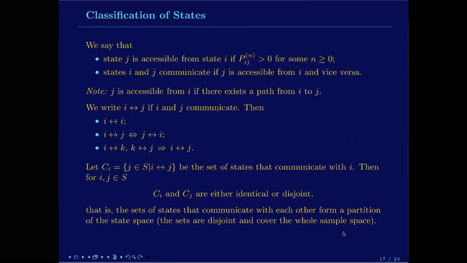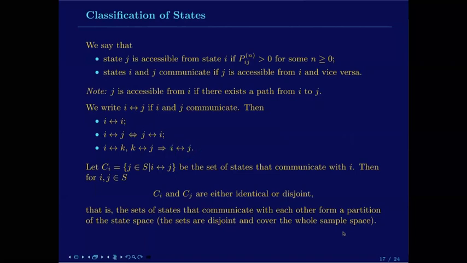And finally, we have the transitive property: if i communicates with k and k communicates with j, then i communicates with j. We can simply see that if you have a path from i to k and a path from k to j, then we also have a path from i to j, and vice versa for a path from j to i.